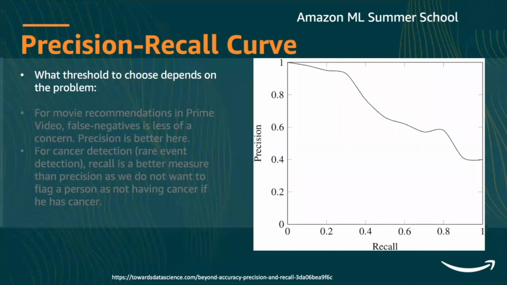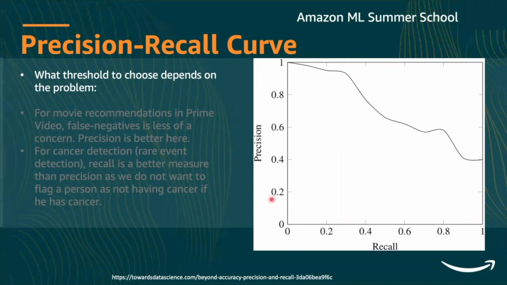Now, when deploying a model in real life, as I said, you have to take into account various metrics and various thresholds. So a good practice is to plot a precision recall curve. And as I said, how do you decide the threshold? The threshold depends on the problem at hand. So let's take an example.